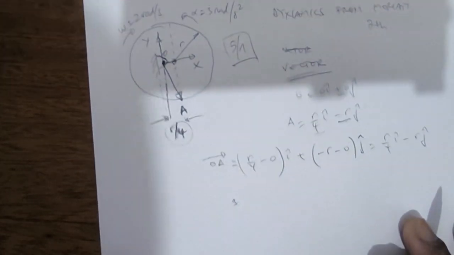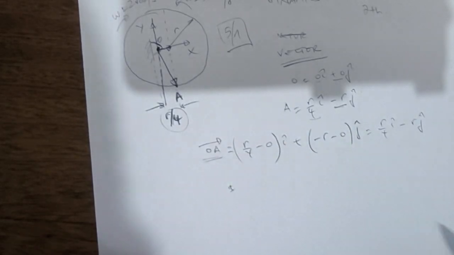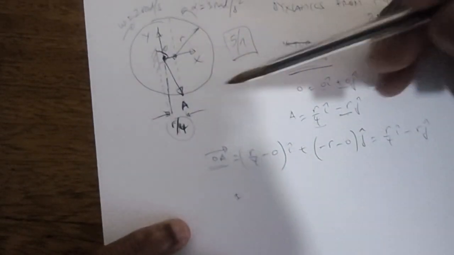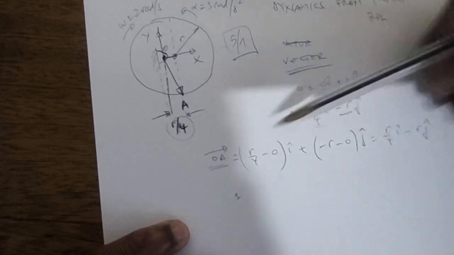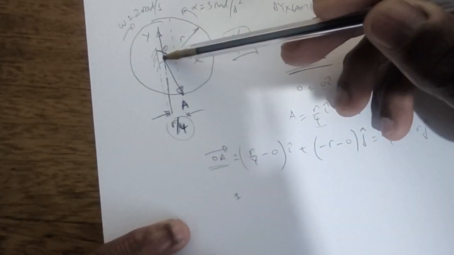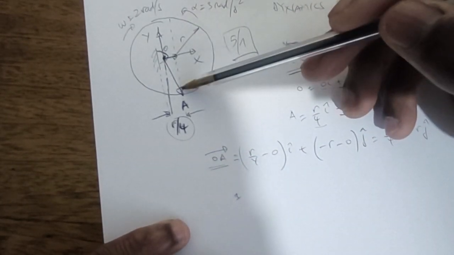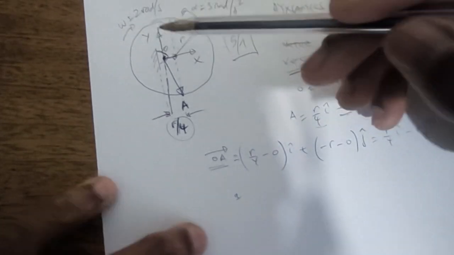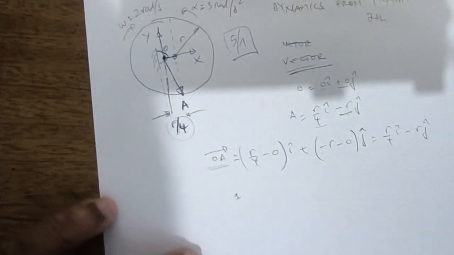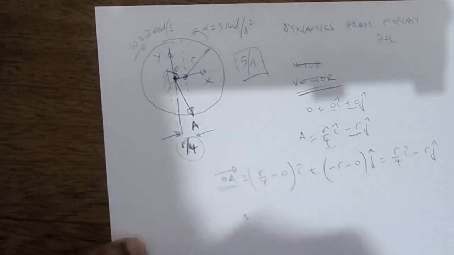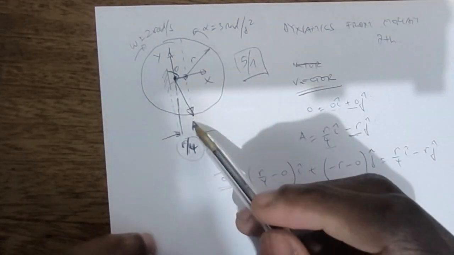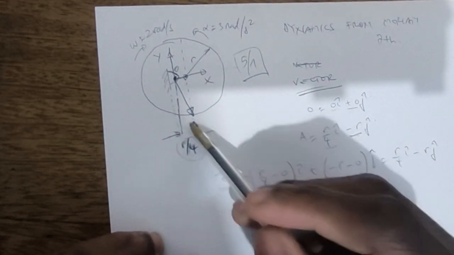Since we have the radius of the segment OA and we also have the angular velocity, we can compute the instantaneous velocity at point A.